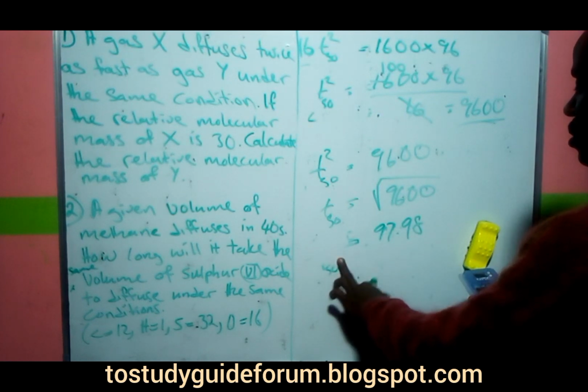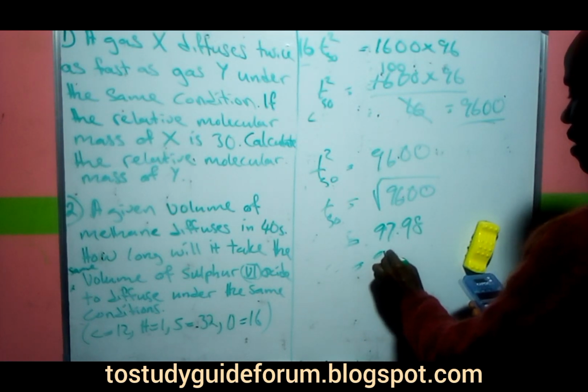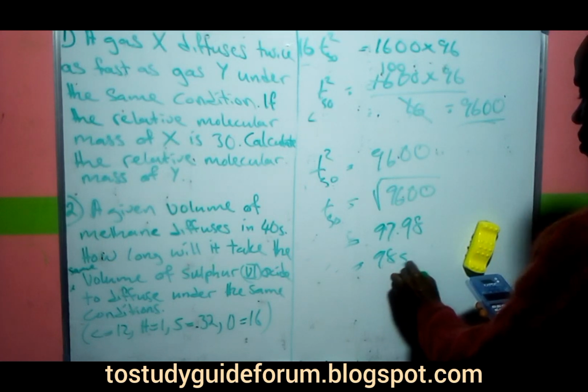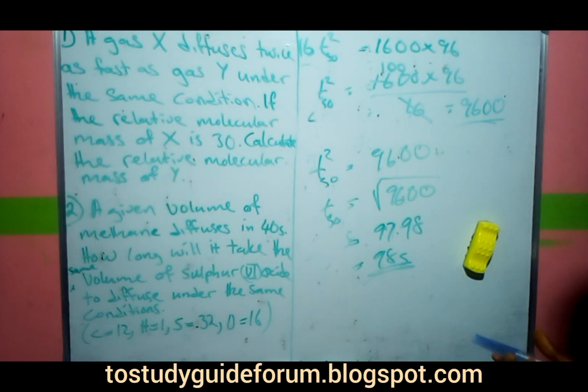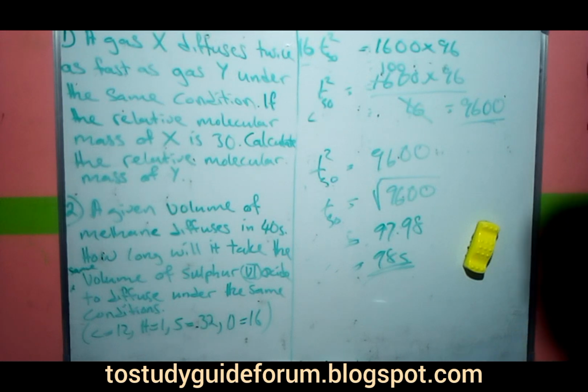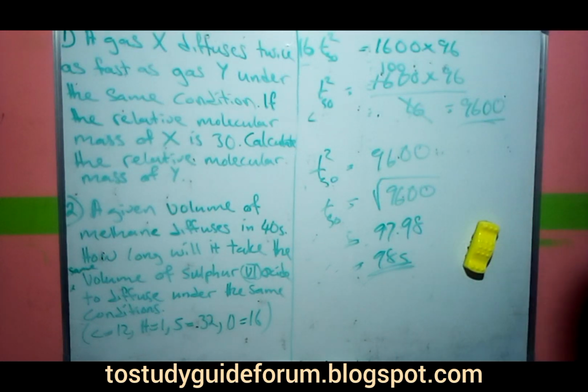So taking it to the nearest whole number, we'll have 98 seconds. So that is the time of diffusion of the second gas, that is sulphur IV oxide.